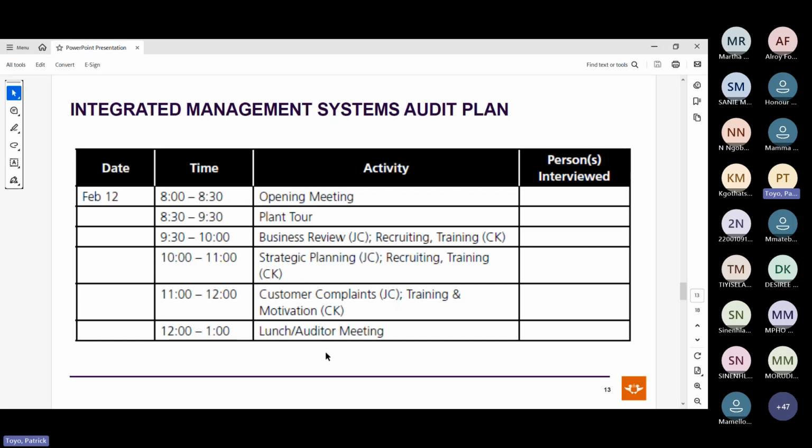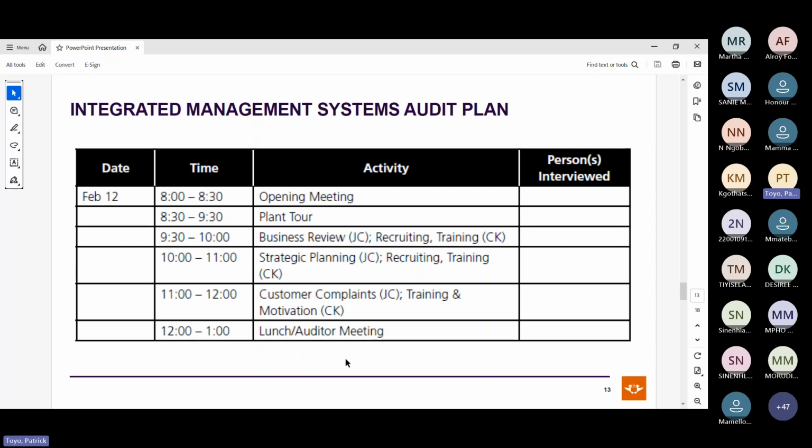And then here I'm just showing the typical audit plan, where we send this to the auditee and say that we're going to be coming in on Feb the 12th, and from this time to that time we're going to be having an opening meeting, and we'll be doing a plant tour, and this is where we're going to start doing this and that.